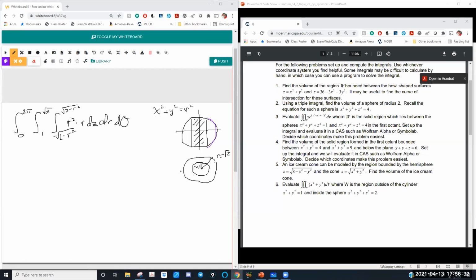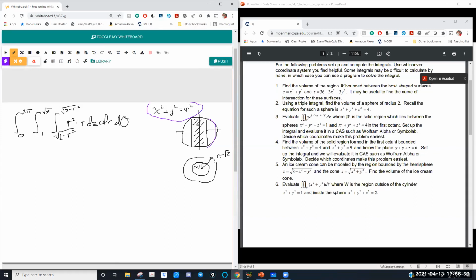No. So make sure we differentiate. X squared plus y squared equals 1 created the cylinder. That's different than the x squared plus y squared that we're integrating over. This is just our transformation from cylindrical: x squared plus y squared equals r squared.